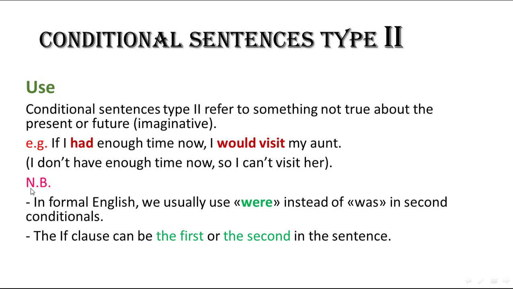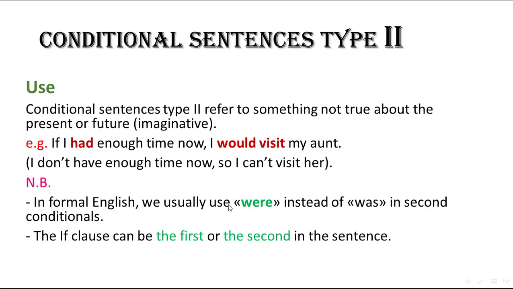And B, in formal English, we usually use were instead of was in second conditionals. So, all the pronouns will take were, even with I, he, she, it, which we used to use was with.